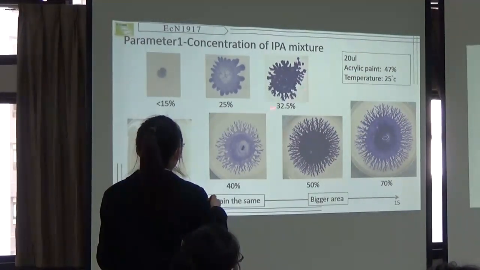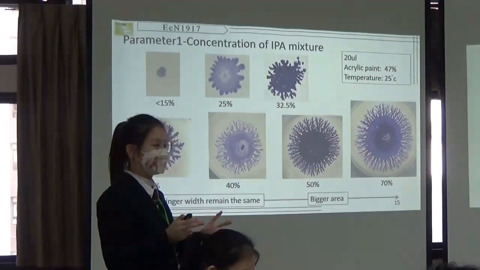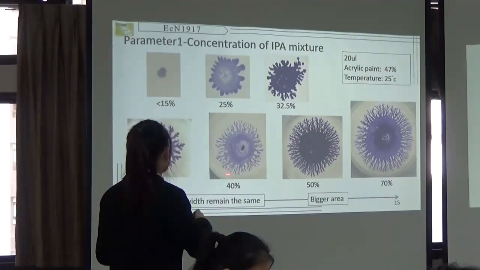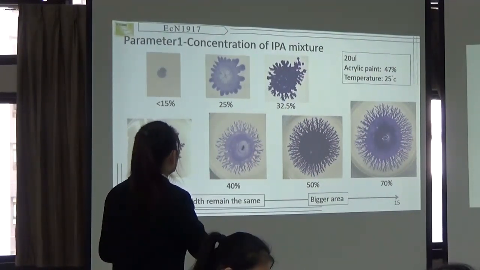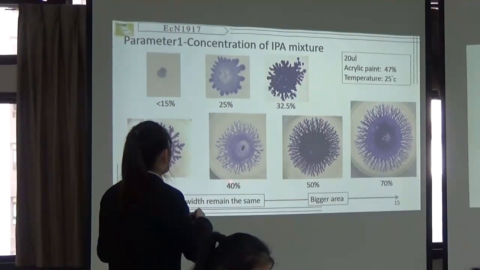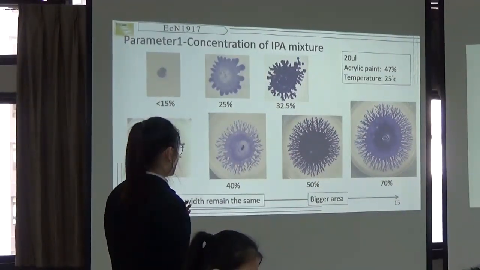If we start with too low a concentration, it won't fractal into regular fingers, so we choose this one to be our critical concentration. When the concentration increases, the fingers remain quite the same, but the inner circle will be bigger.